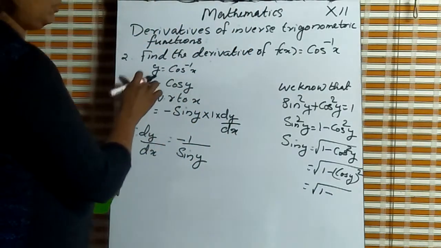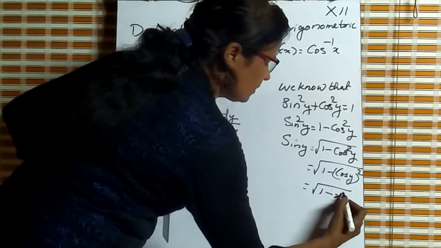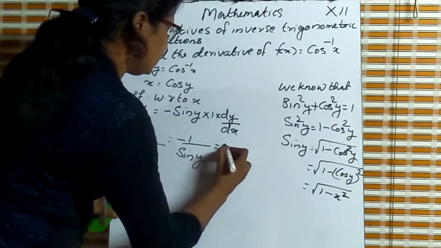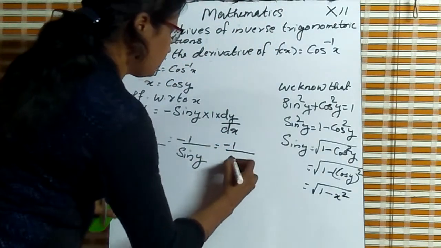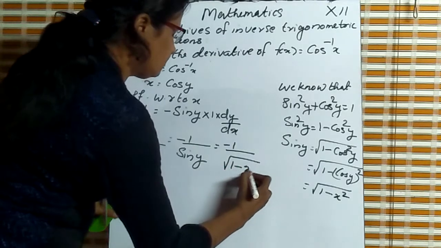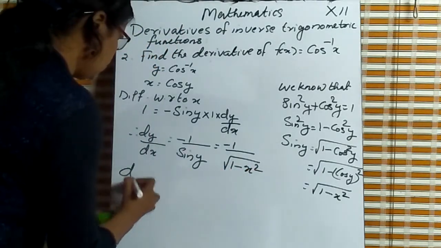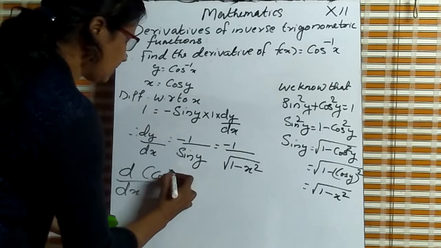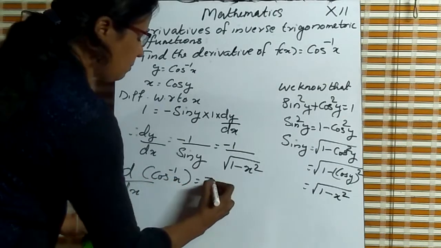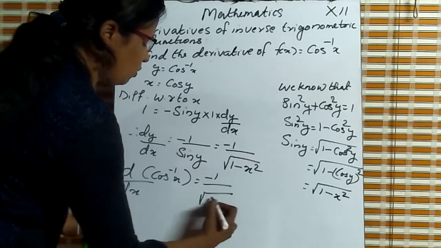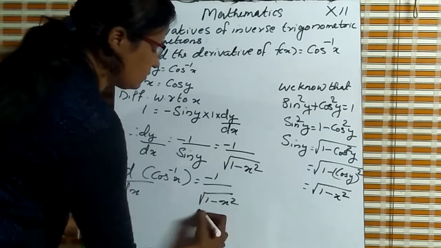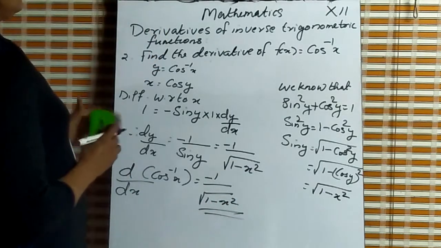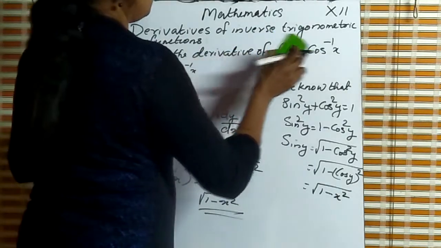Cos y is equal to x. So our answer is minus 1 by root of 1 minus x square. That means d by dx of cos inverse x is equal to minus 1 by square root of 1 minus x square. This is our standard result 2.